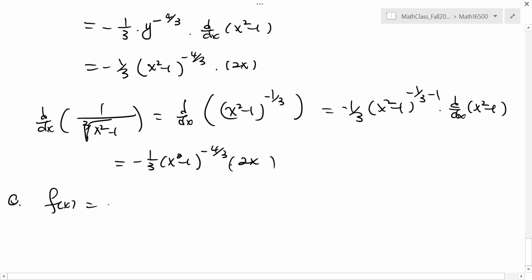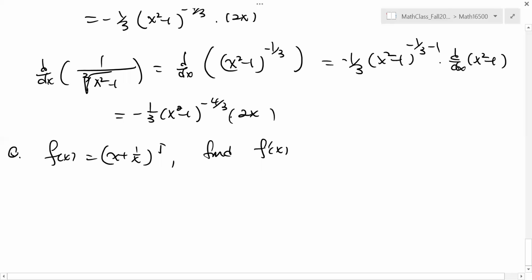f of x equals (x plus 1 over x) to the fifth. Find f prime of x.